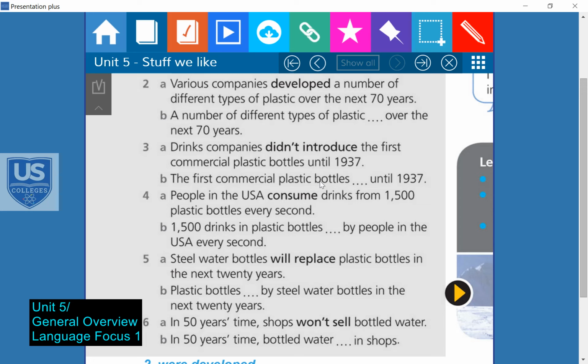Don't forget, stick to the tenses that are used in the sentences. Didn't introduce, past simple; consume, present simple; will replace, future simple; won't sell, again future simple but in negative form.